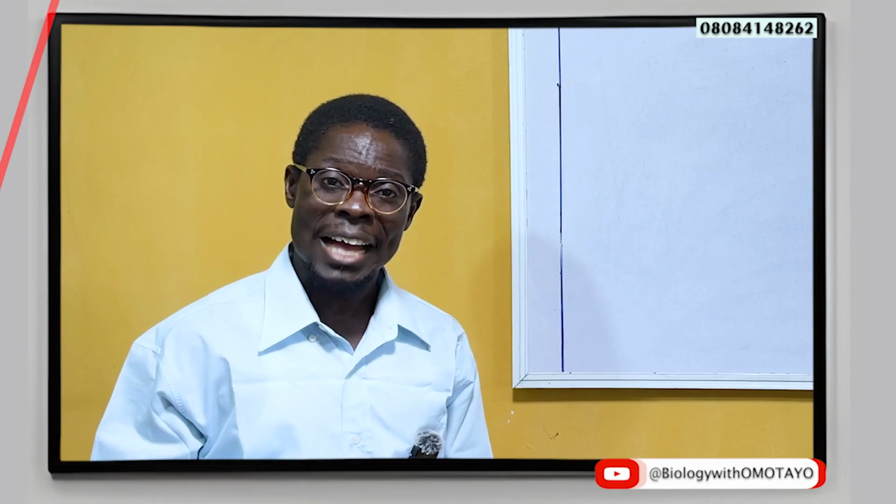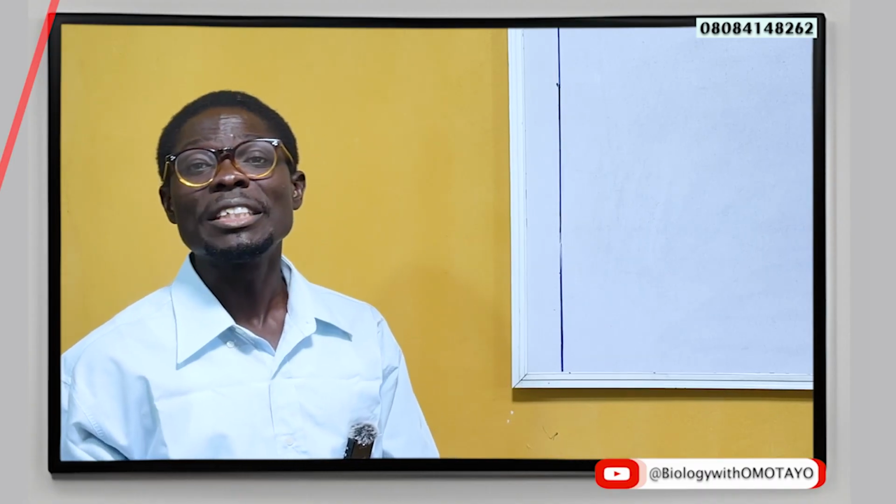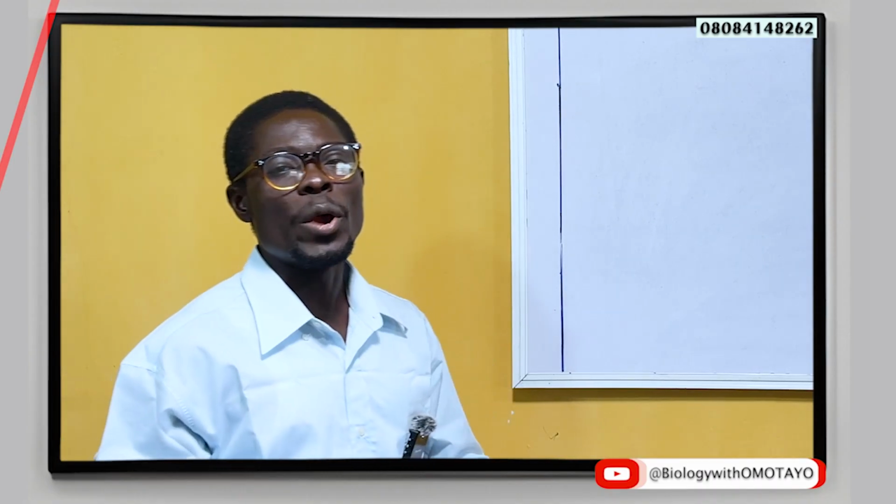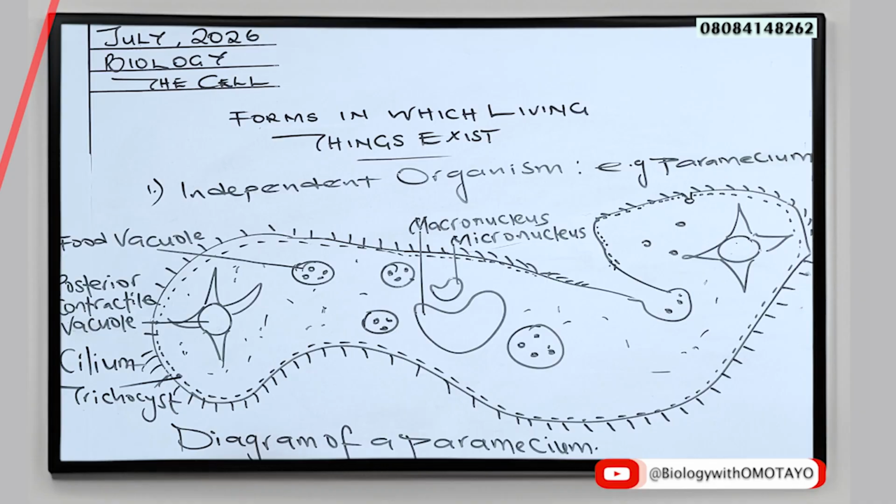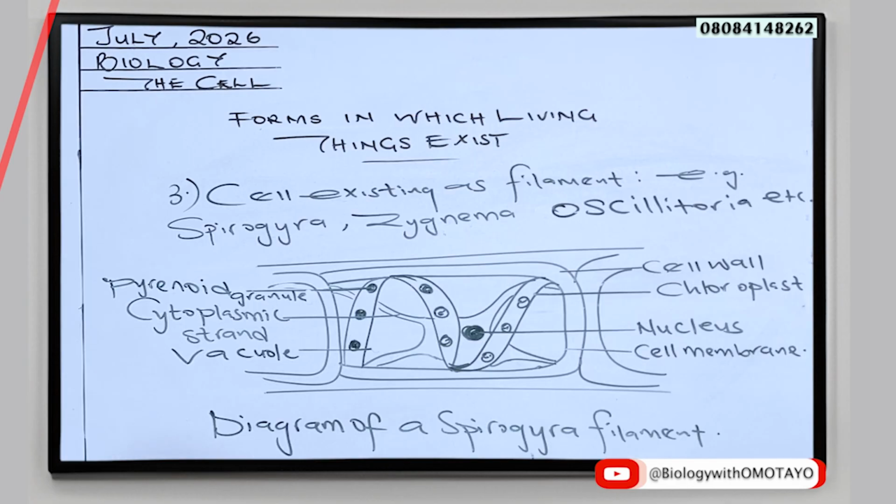During our last study, we began looking at the forms in which cells exist. We looked at cells existing as independent organisms, unicellular organisms, with examples like the paramecium, the euglena, the trypanosome, amoeba, and so on. After which we went on to look at cells existing as filament and as colony.